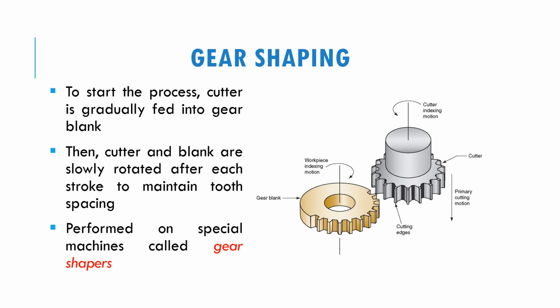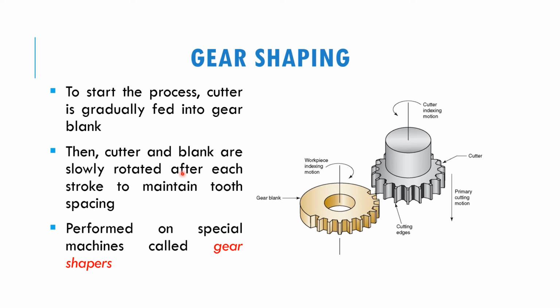Next process is gear shaping. In gear shaping, to start the process, the cutter is gradually fed into the gear blank. The gear blank moves by indexing motion, and the tool moves up and down and cuts through the gear blank to create the shape of the gear teeth.